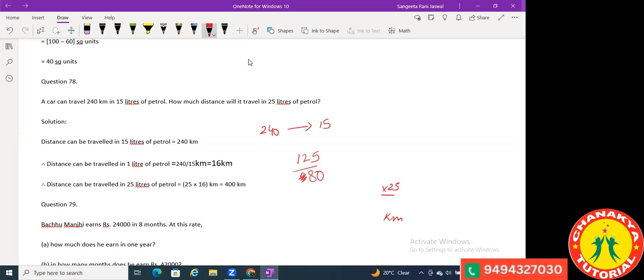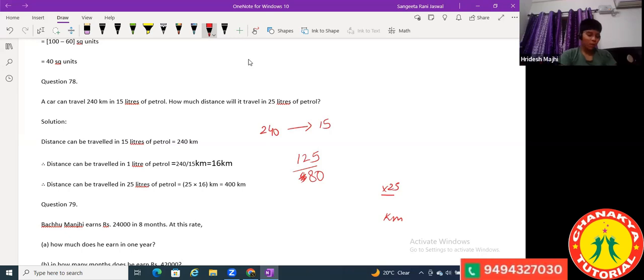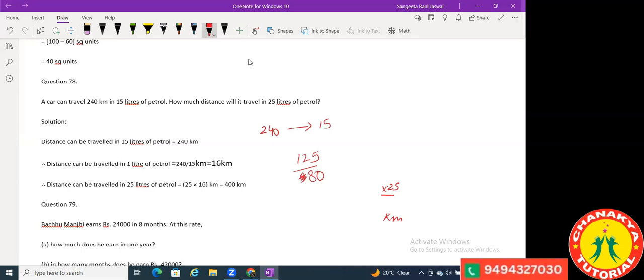Then how much will it travel in 25 liters? So in 25 liters, how much distance will it travel? You have to find the value of x. To find this value of x, what will you do? On one side I take the ratio of the distance.